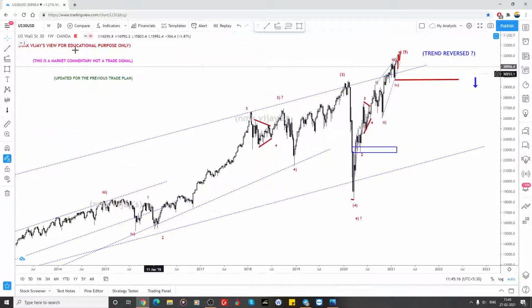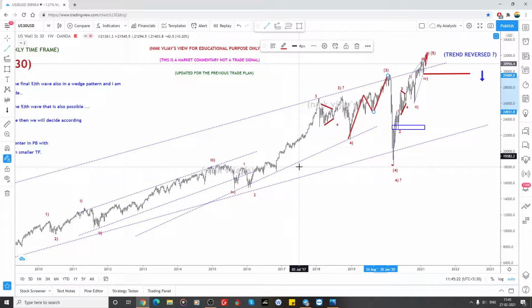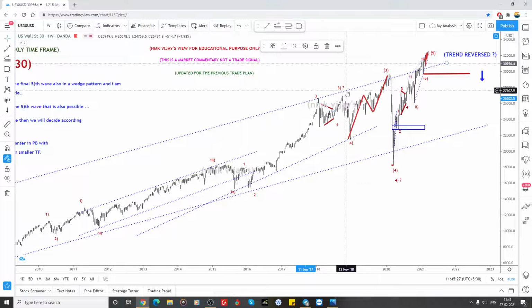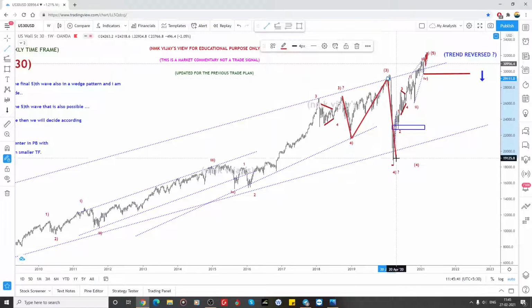Right? But here there is one doubt. It's looking like a three-wave structure. So whether this is the third wave and this is the fourth wave, mind that carefully. The fourth wave is looking like an irregular flat, an expanded flat, like this.